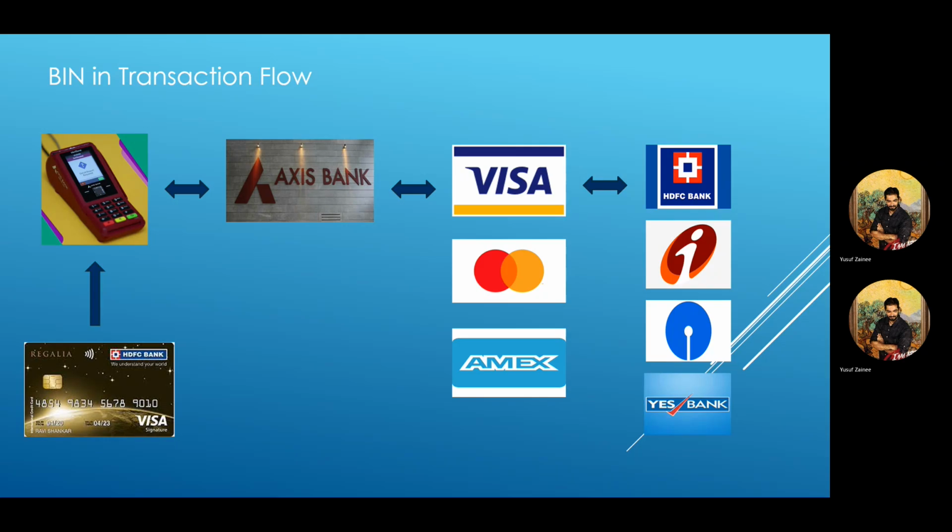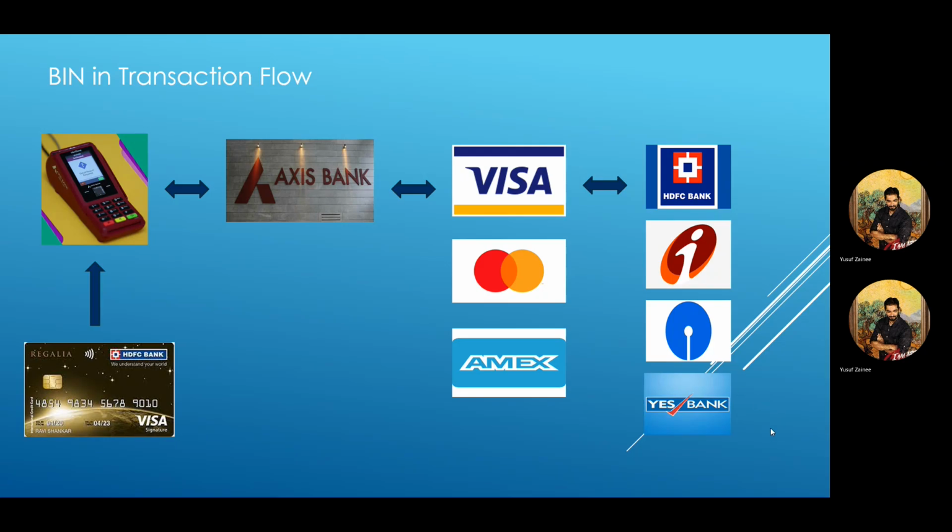Now, Visa will have its own internal database of the different bin ranges that it would have generated and given to different issuer banks. Like it would have given some range to HDFC, some to ICICI, SBI, and Yes Bank.